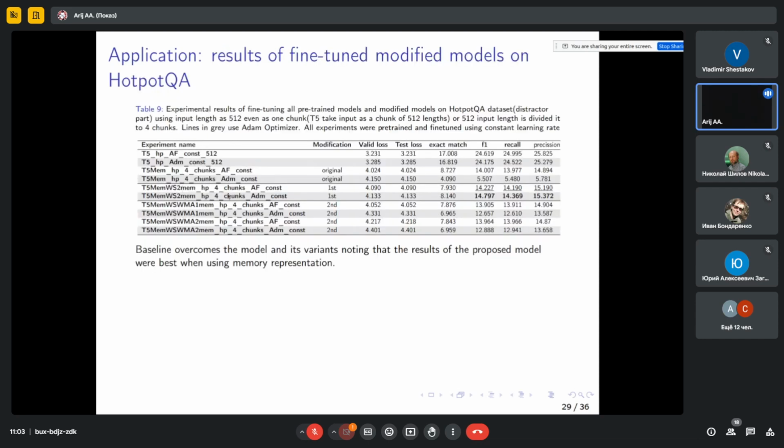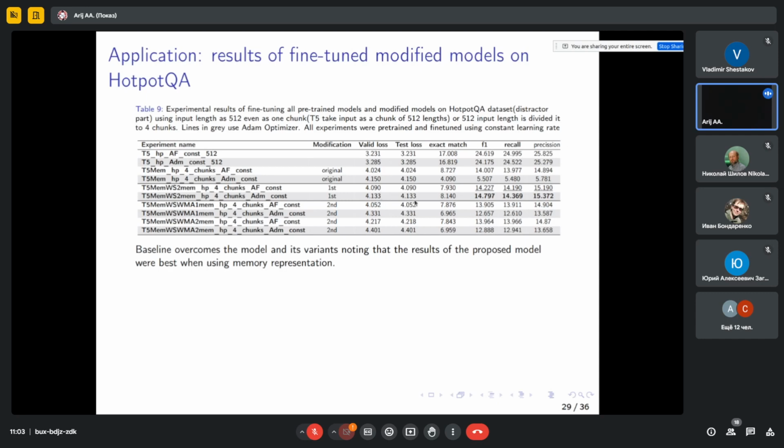As a result, using the linear scheduler, unfortunately both the baseline and the proposed models were not able to tackle the task, while using the constant scheduler, the same tendency was noticed, where the baseline was better than the proposed model with all versions.